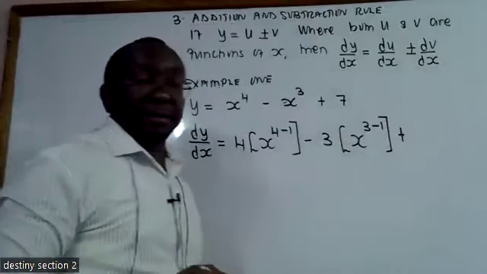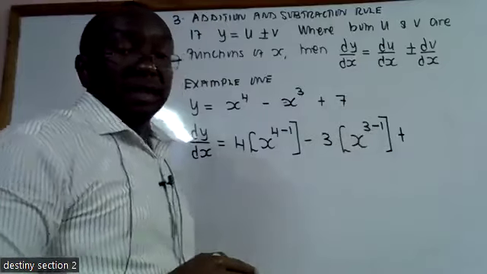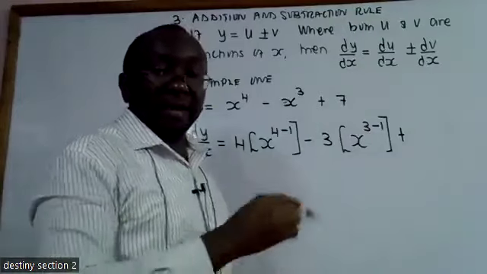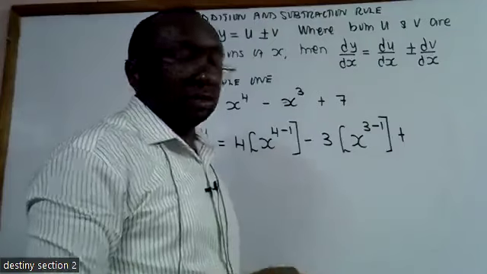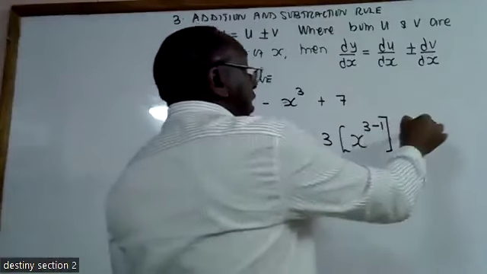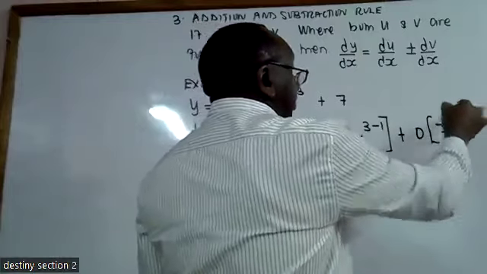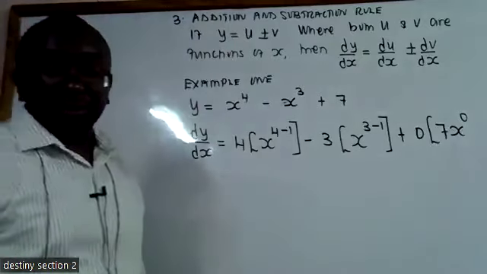Then you say plus, come to this one, 7. Now this 7, it is like 7x raised power 0. So you take 0, then you tell us this 7 is the same thing as 7x raised power 0.